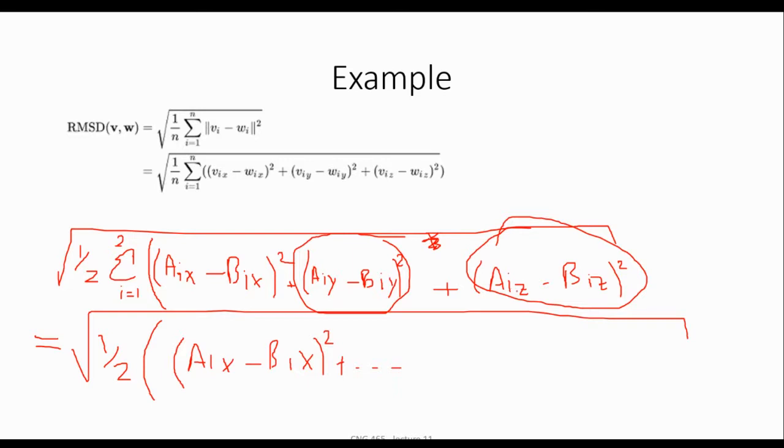So instead of i, you will put 1, and then you will consider A2 x. They are indices, okay? Both of them are indices, not multiplication for A. And B2 x power 2, and continue it until A2 z minus B2 z power 2.